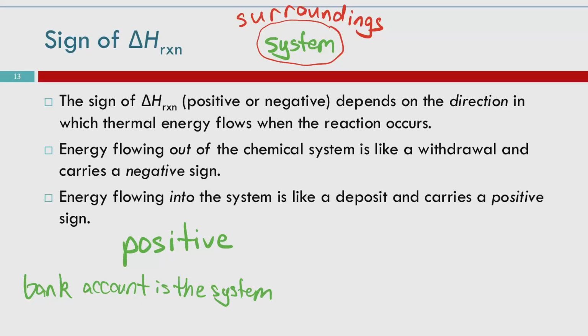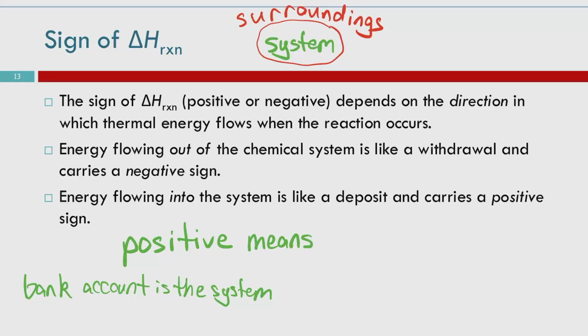If you see a positive number, you open up your app for your banking account if you have a bank, and you see a positive number, what does that mean? You got paid, right? Somebody gave you money, possibly for goods and services.